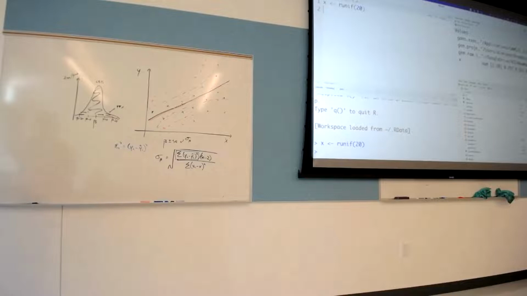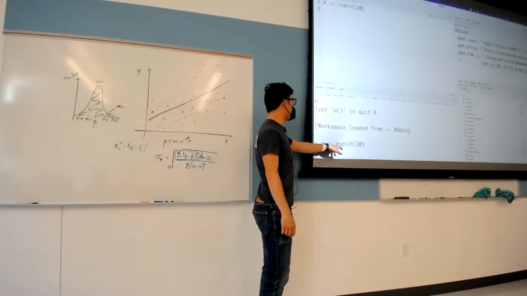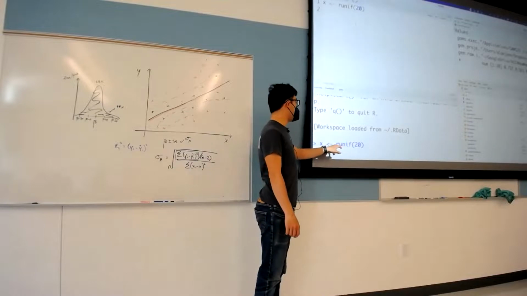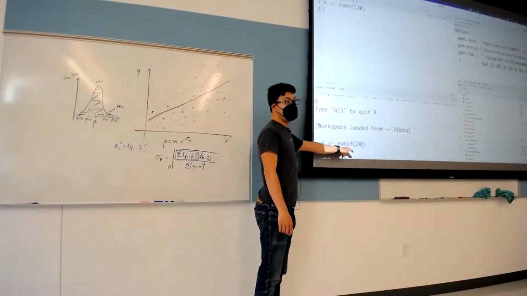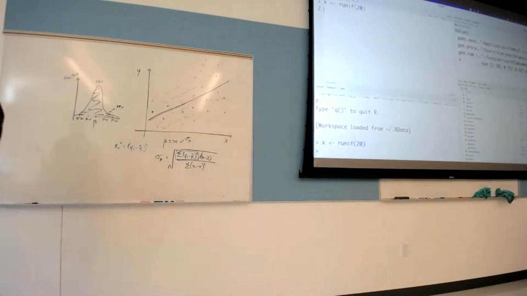Okay, so what I'm doing here, I'm using a new function. I believe we haven't seen this before. This is runif, which stands for random uniform distribution. So this is just drawing from a uniform distribution. The default values are between 0 and 1.